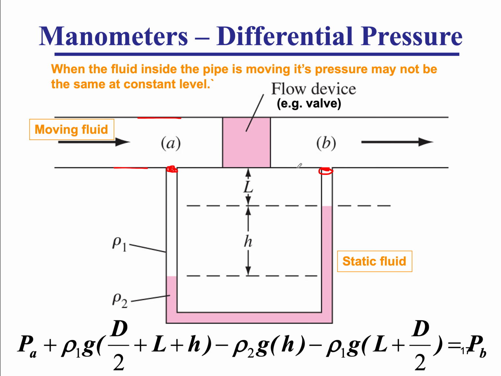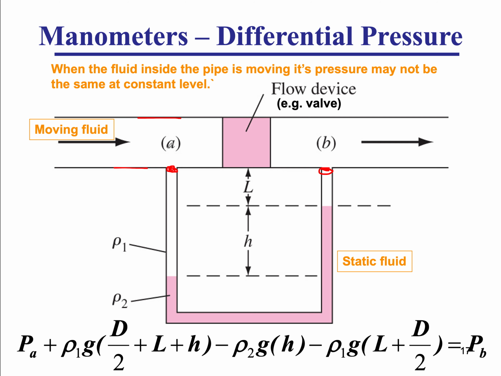You get a drop in pressure, and we can measure this drop through a manometer. Within the pipe itself, the fluid is moving. Within my manometer tube, the tiny little tube, my fluid is static. So even though this is a moving fluid system, within the manometer itself, the fluid is static. It's not moving, which is great.